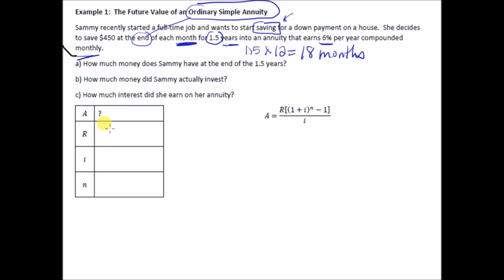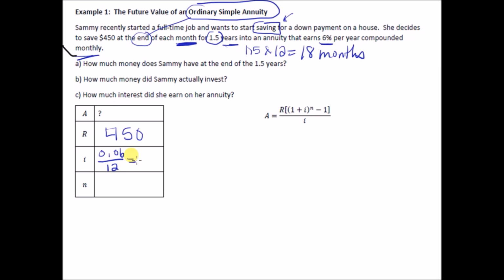So I made a chart for you guys. R is the regular payment. If you think about R, we're thinking about $450. She's putting $450 into that account. Now we have the interest rate of 6%, but she's not going to get that every single month. That's going to be divided by the number of payments.